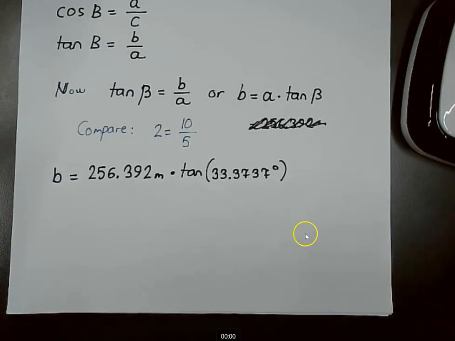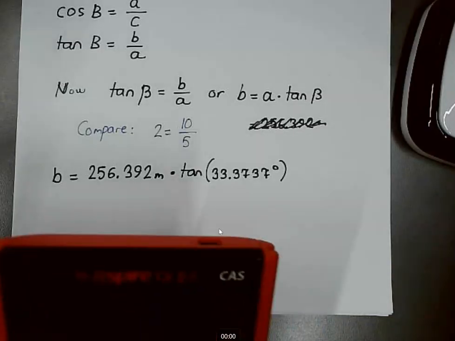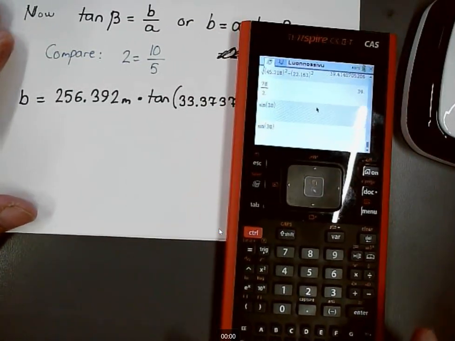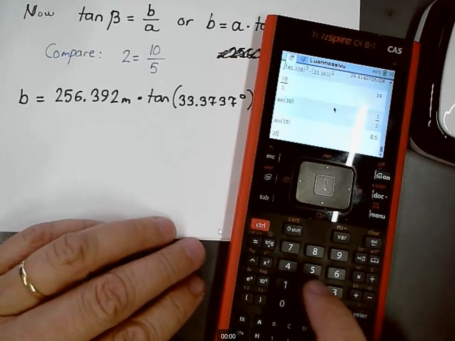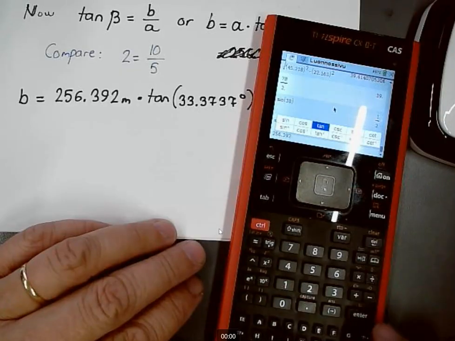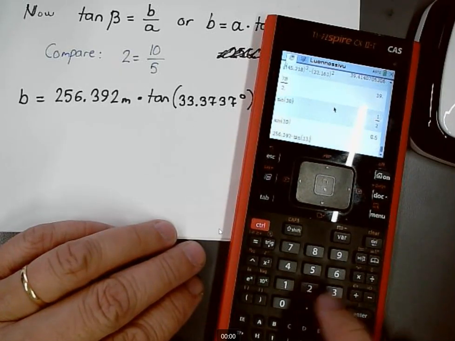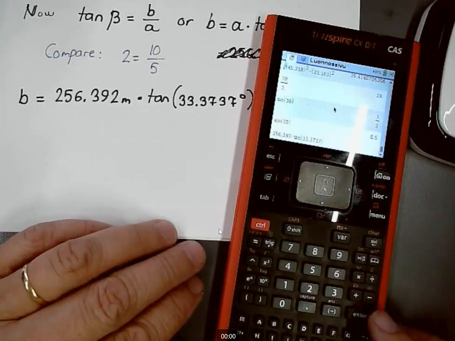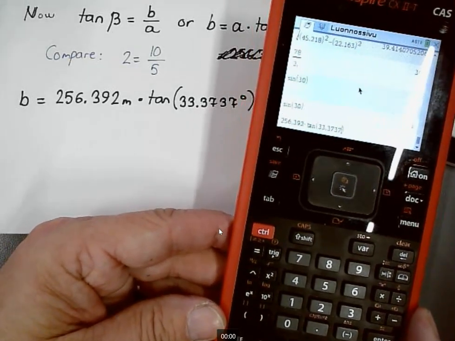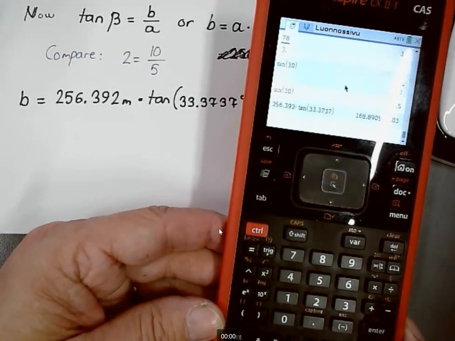So now finally I calculate what this length of B becomes. Oh, it is correct.